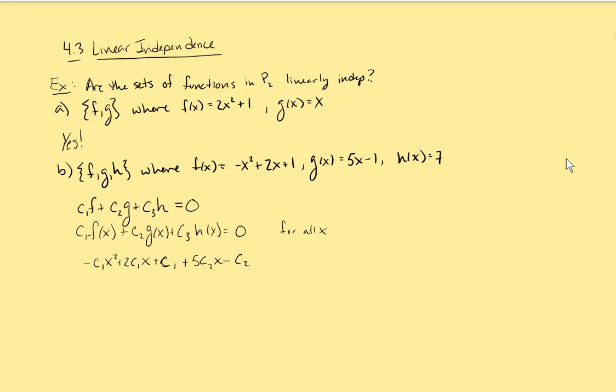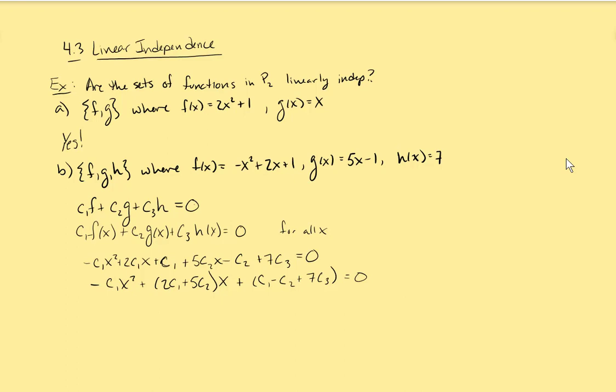And finally C3 times h, that's just C3 times 7. We're saying all this equals 0. And here, maybe to make things clear, let's go ahead and gather up coefficients on like powers of x on the left side. We have negative C1 x squared plus 2C1 plus 5C2 if we gather up all the coefficients on x itself, leaving just the constants C1 minus C2 plus 7C3 to equal 0.